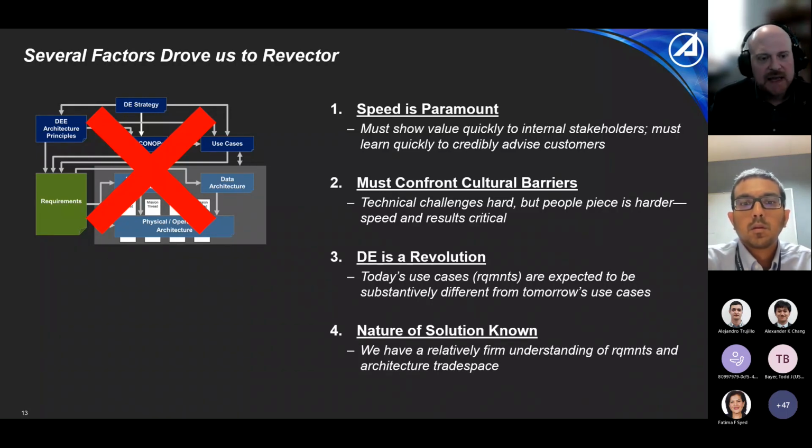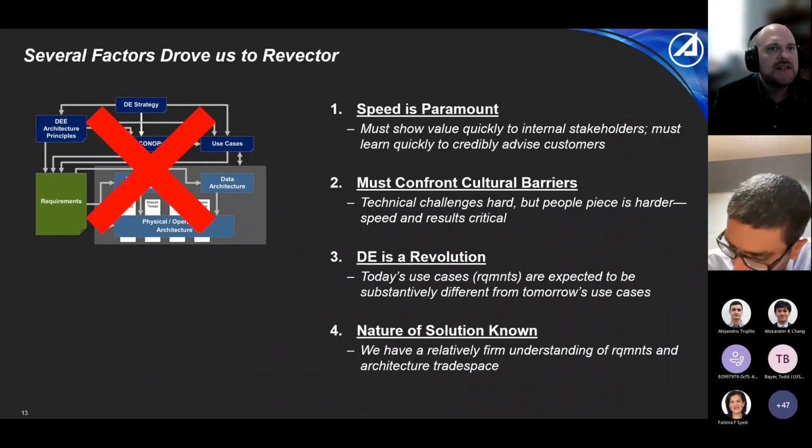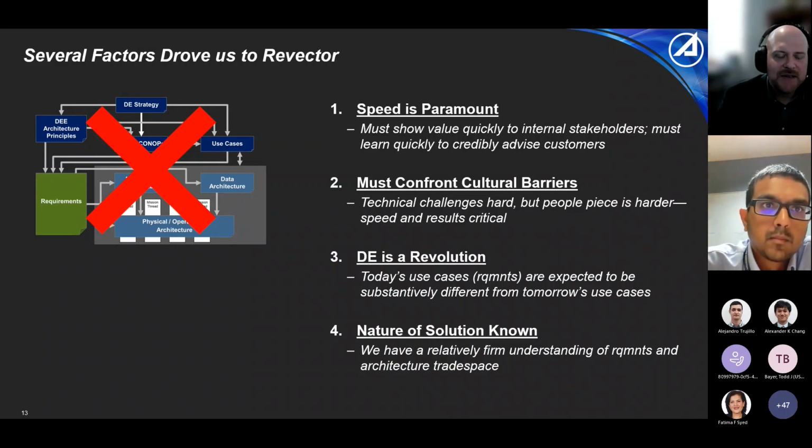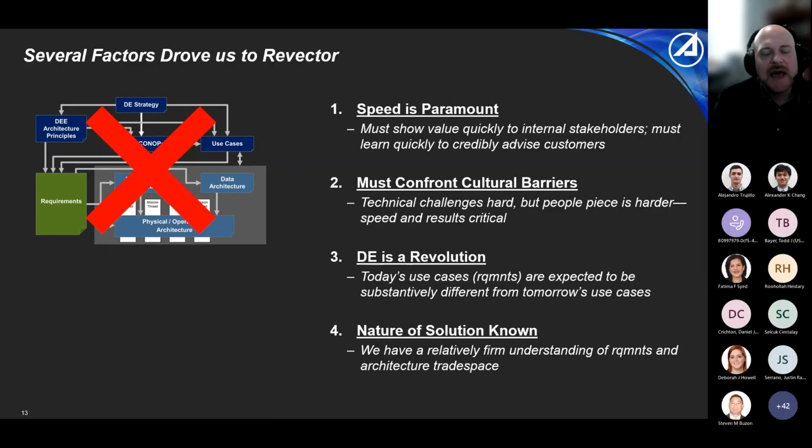To the extent that it is a paradigm shift, a complete state change in how we do things, it's not necessarily effective to just look at today's use cases and how we do things today, because it may look very different going forward. So just looking at old use cases and having those inform requirements is not going to be good enough.